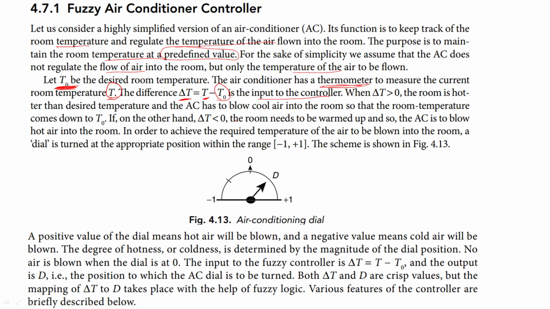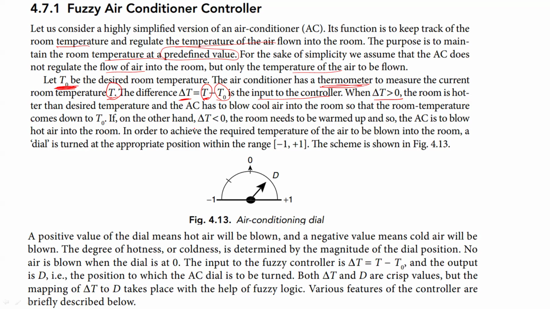So what we give as input to the controller is the difference in temperature. When the difference is positive, that is, greater than zero, what does that mean? The current temperature is too high compared to the target. The target temperature is such that we want to keep the room cool, so it will be lower.